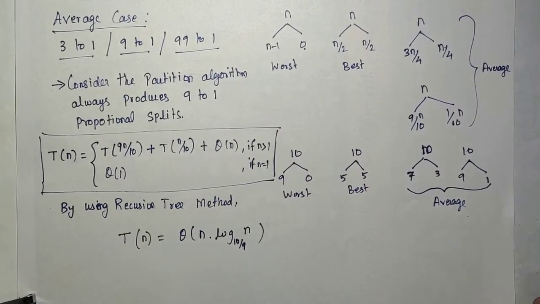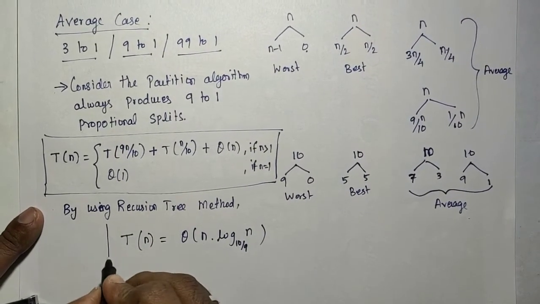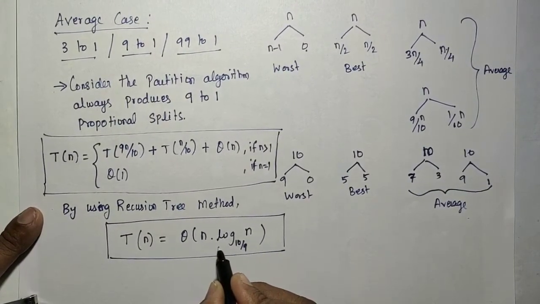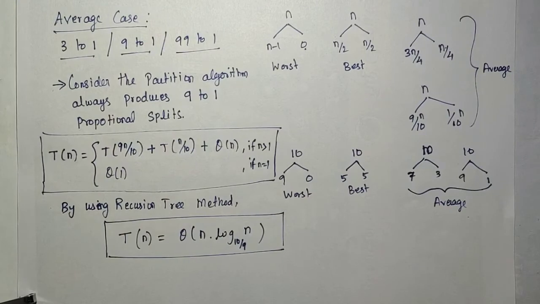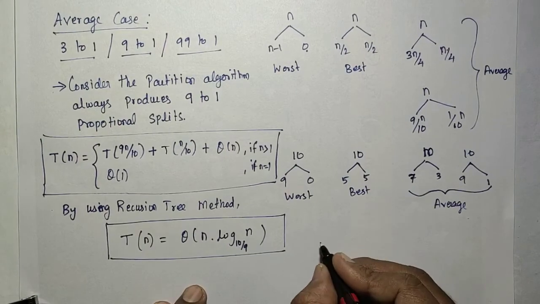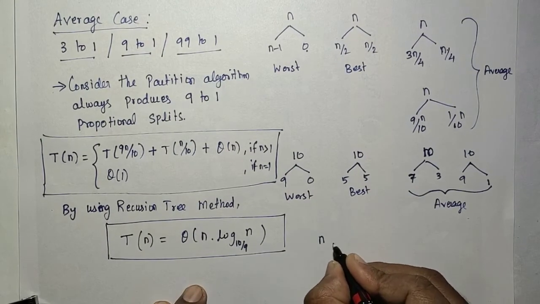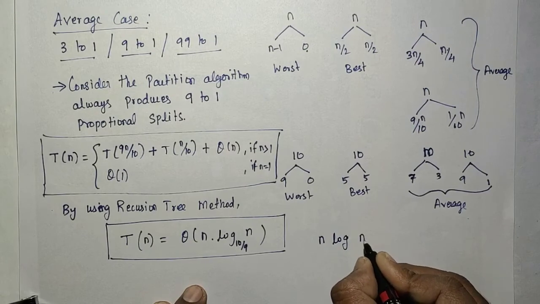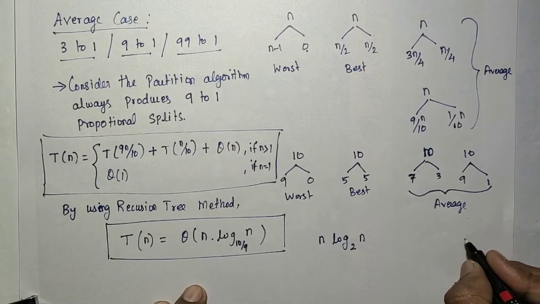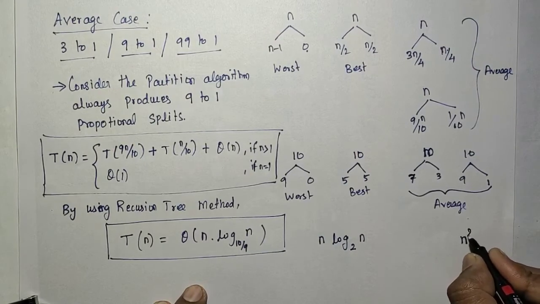Now how to conclude this? We have to prove whether the average case complexity is nearly equal to the best case or the worst case. Actually, the best case complexity is n log n base 2, and the worst case complexity is n squared.